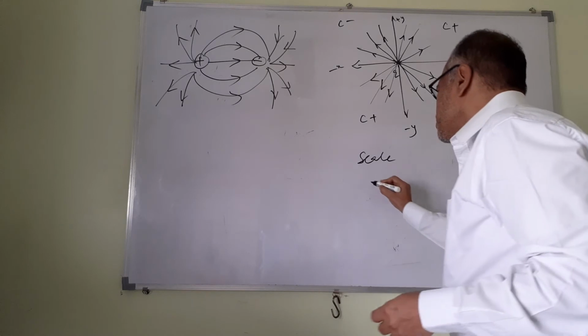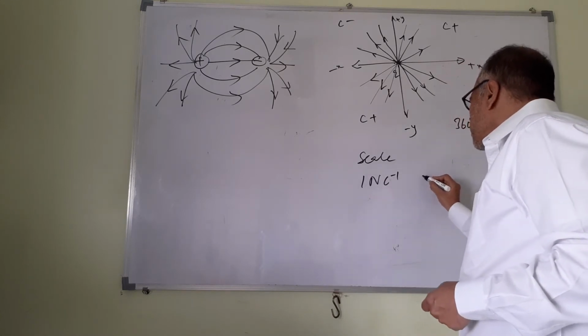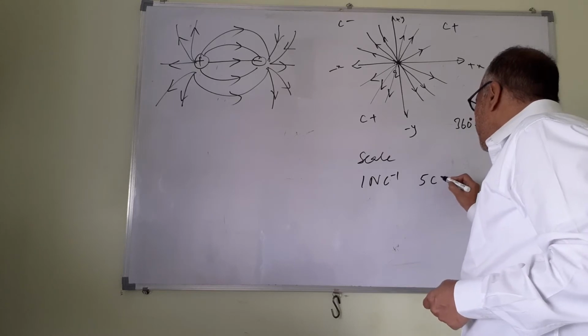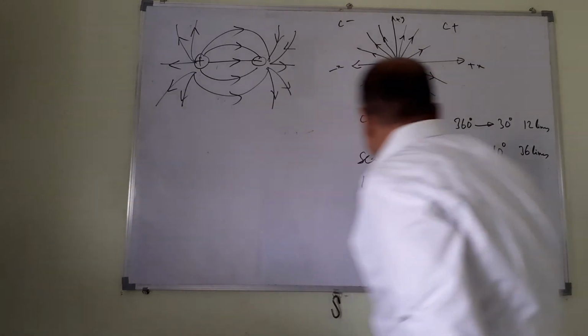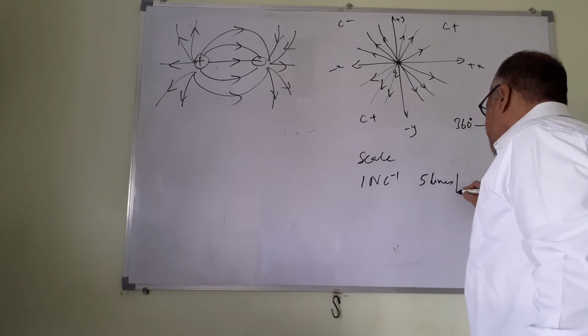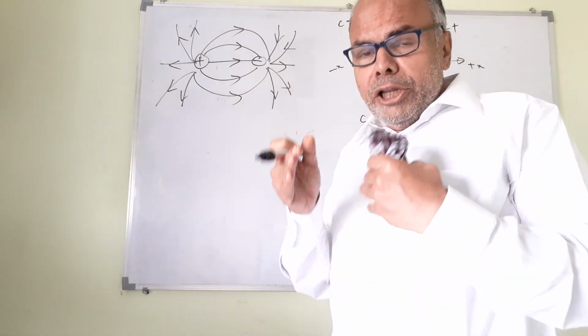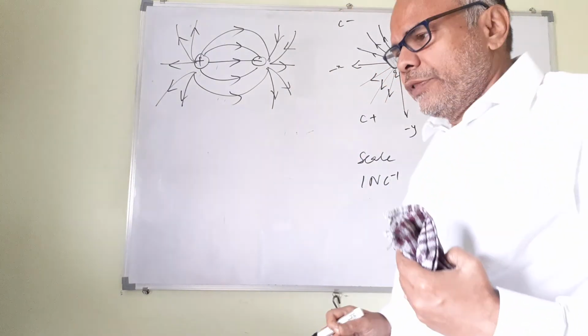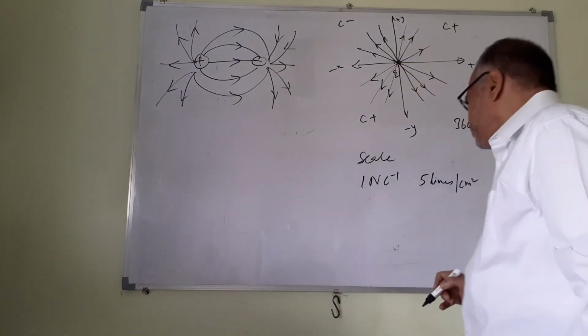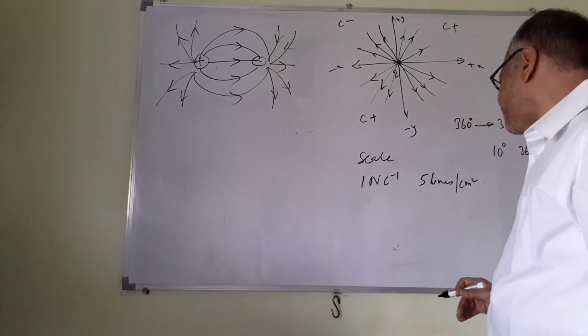You could say, for instance, where the field is 1 Newton per Coulomb, I shall draw 5 lines per centimeter squared, in an area held perpendicular to the direction of the field intensity.